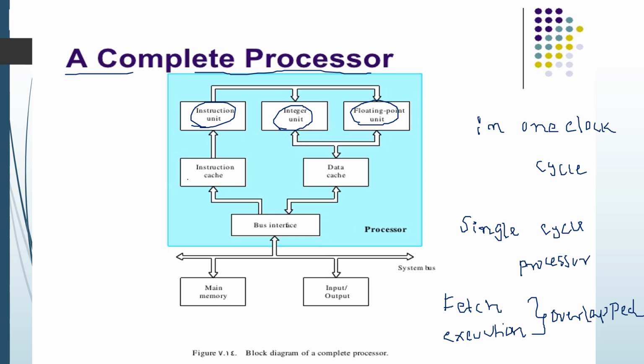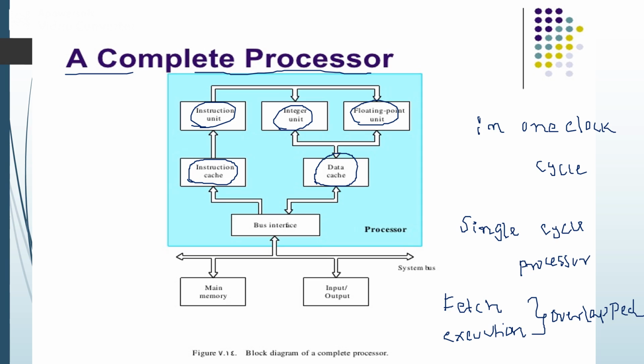So the powerful processor consists of separate cache structures in order to store the data as well as the instructions. The instruction cache is used to store the instructions and the data cache is used to store the operands or the data.